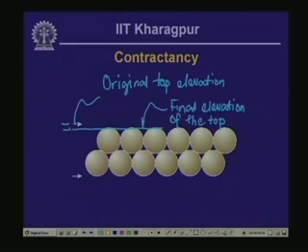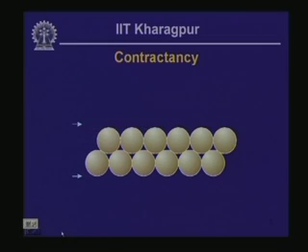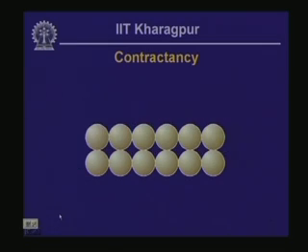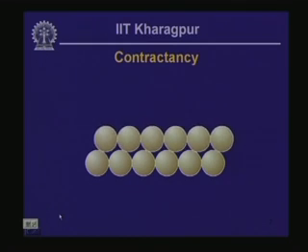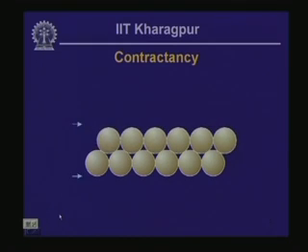And this much of volume change is because of the contractancy. Okay, let's do it again. Let's have another look at it. So this is how contractancy developed, in this particular case, because we began with an originally loose assembly of spheres.